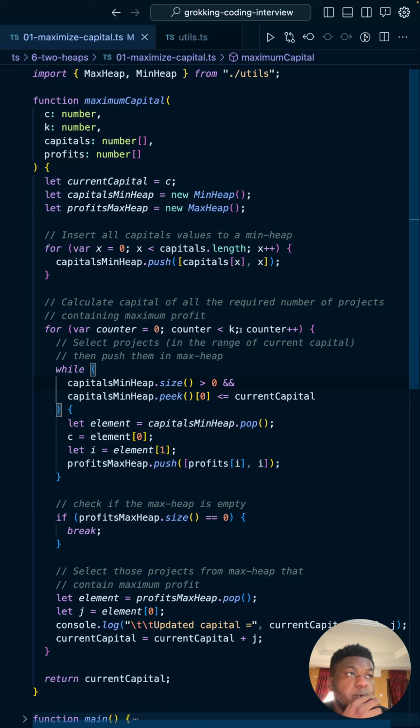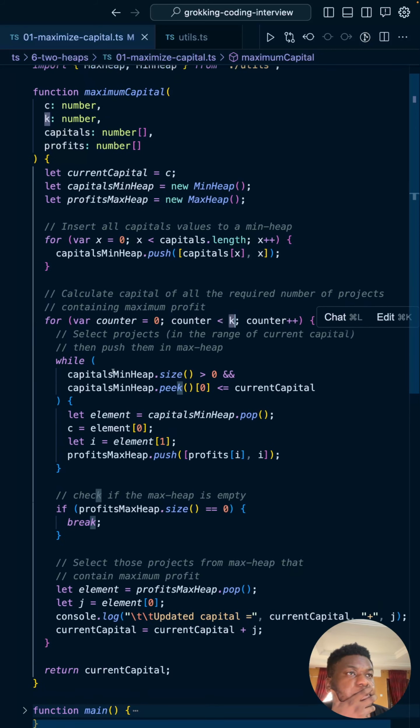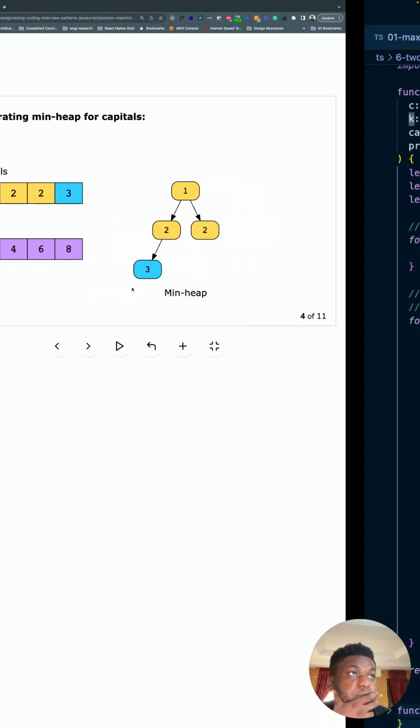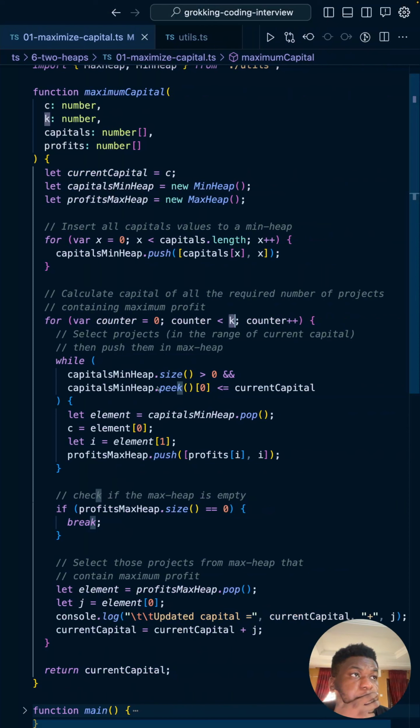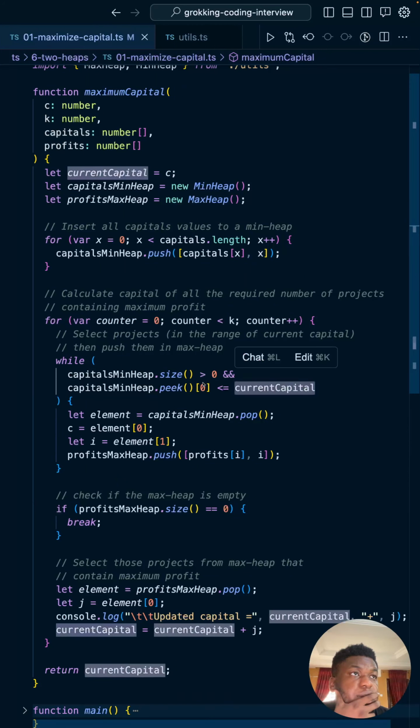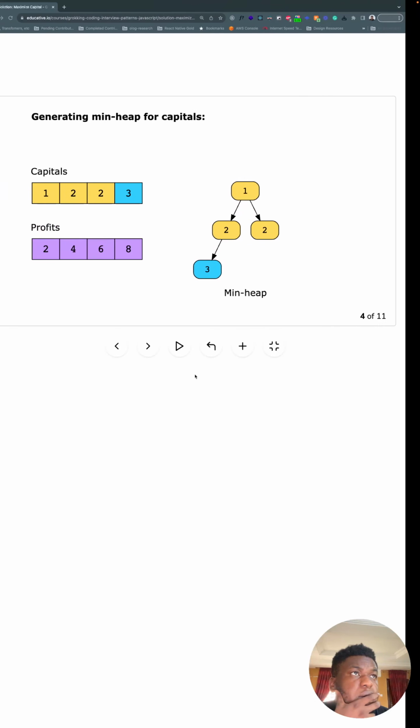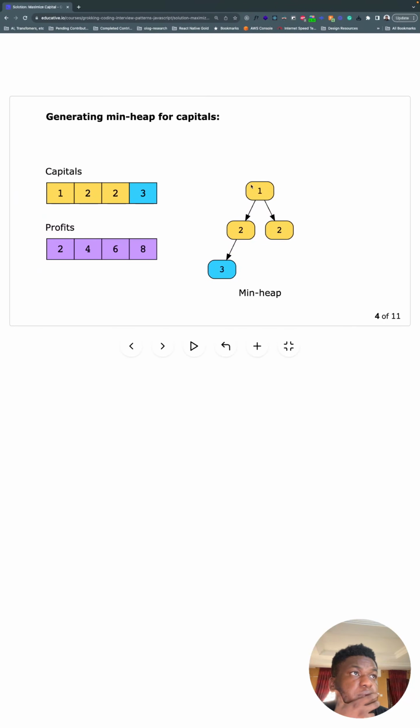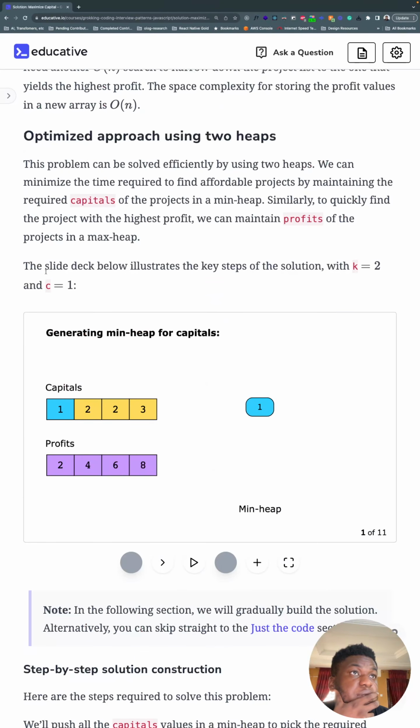So we're going to loop K times. And what we're doing is checking, while there is something left in the capital heap that we just constructed, whether what is there is less than the current capital we have. In this case, our current capital is 1, because we started off with a C of 1.